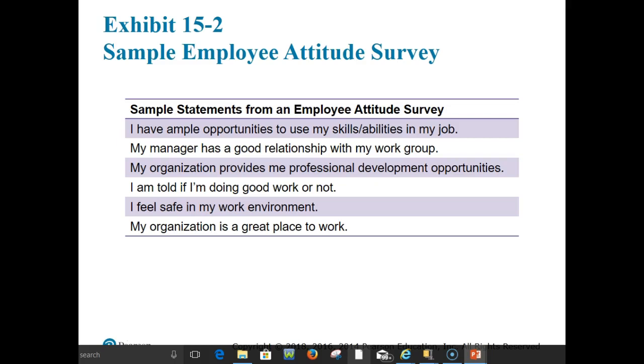So something that's quantifiable. My manager has a good relationship with my coworkers. My organization provides me professional development opportunities. I am told if I'm doing good work or not, and I feel safe in my environment. And my organization is a great place to work. All these questions are highly associated with attitudes.